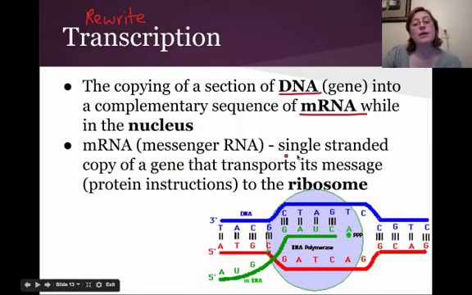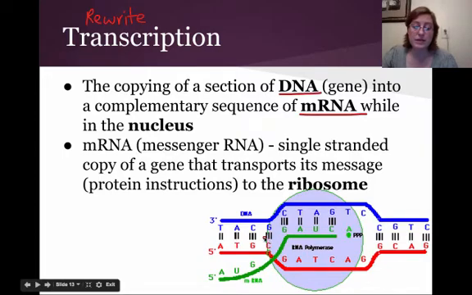The mRNA molecule is going to make a copy of that one gene from the DNA, and then is going to transport that message out of the nucleus where it's going to be translated in the ribosome. Okay? So here you see a nice diagram here. We can zoom in on this part. All right? You'll see that we have the blue and the red both representing our DNA molecule because it's double-stranded here.